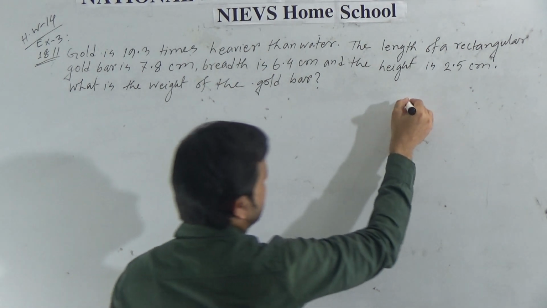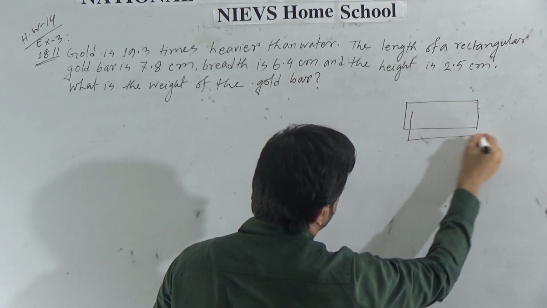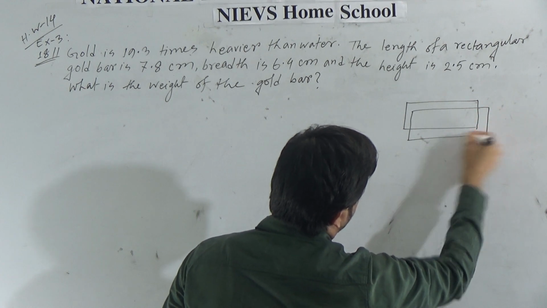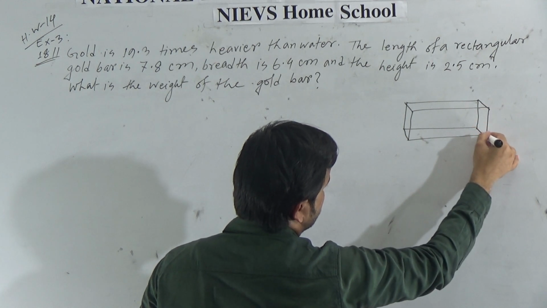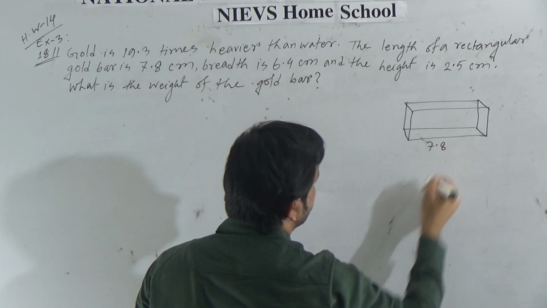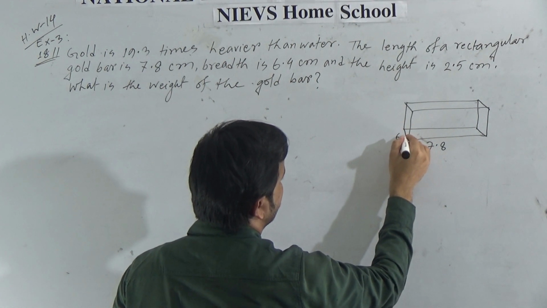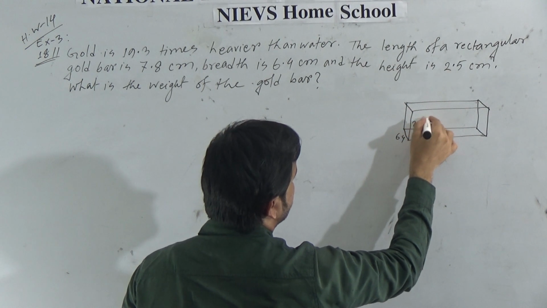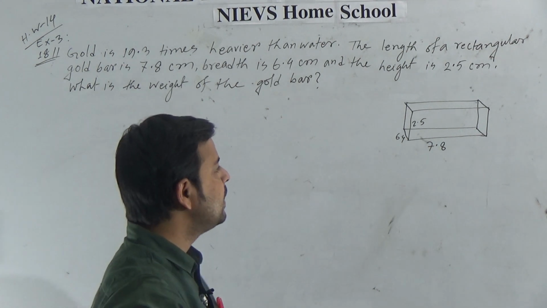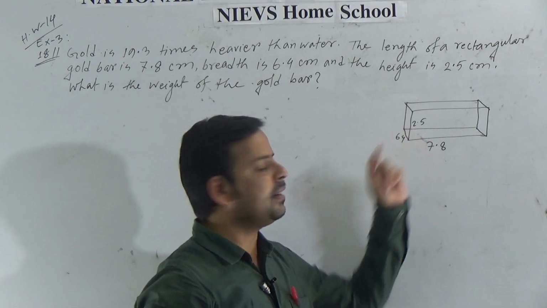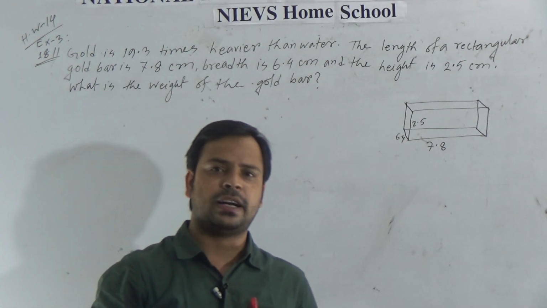Dear students, suppose this is the gold bar. The length of the rectangular gold bar is 7.8. Breadth of the gold bar is 6.4, and height of the gold bar is 2.5. Students, as the length, breadth and height of the gold bar are given, we can find the volume of the gold bar.